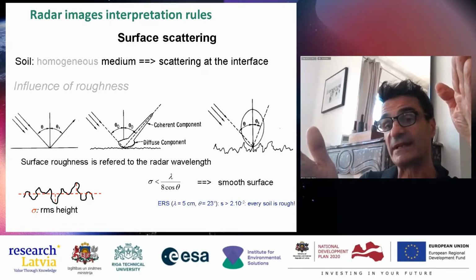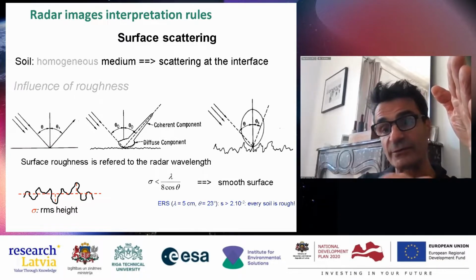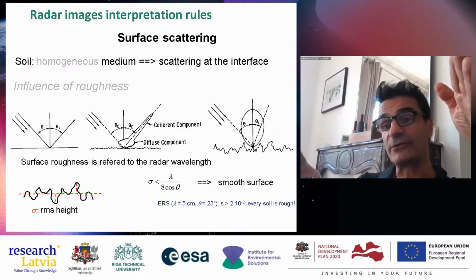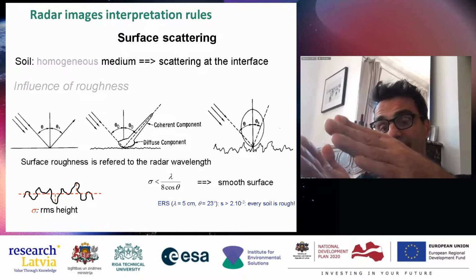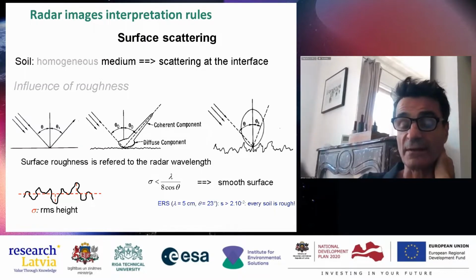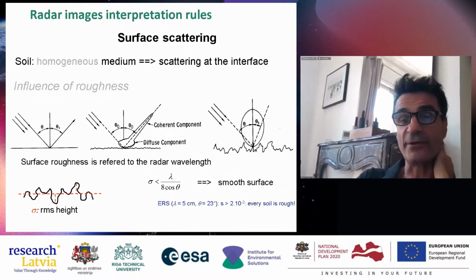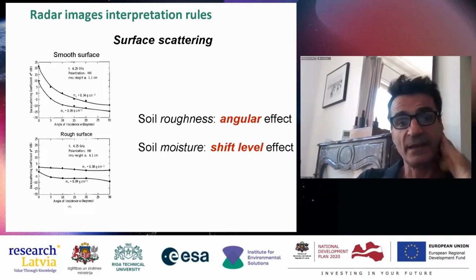It will be totally smooth. While if you look at the same with a 3 centimeter wavelength, it will be really rough. So the roughness depends on the surface, of course, but also on the wavelength.